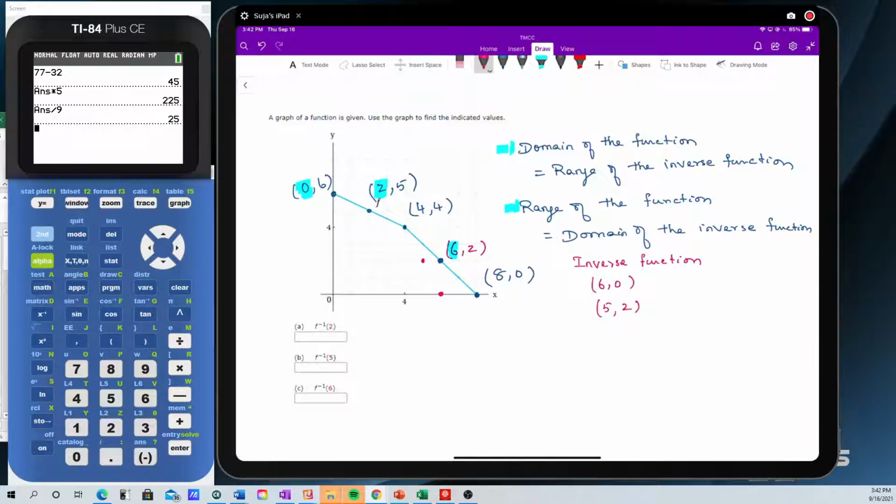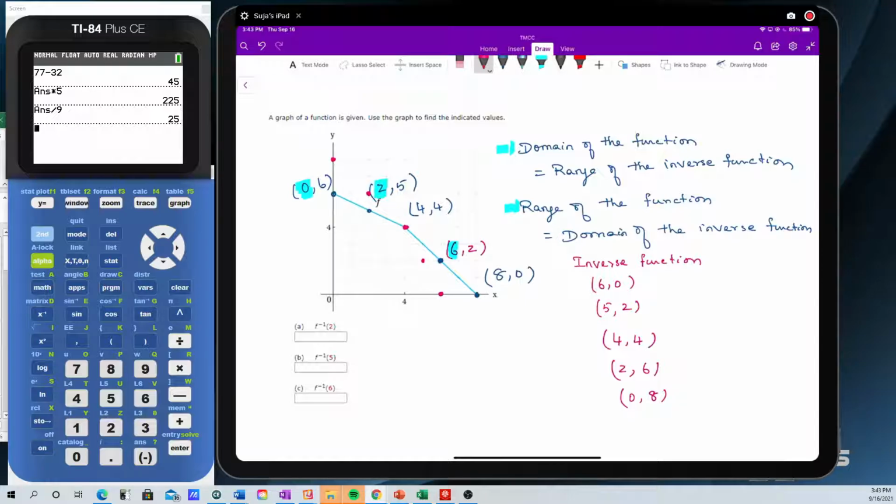The third point is going to be 4, 4, no change. And the fifth point is going to be 2, 6. And the last one is 0, 8. So that's the point.